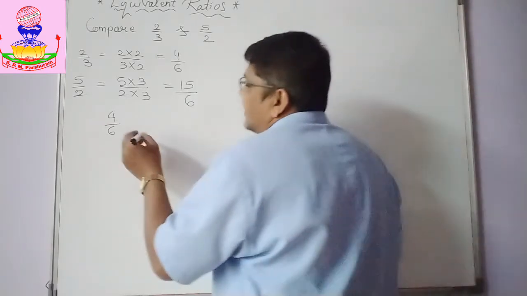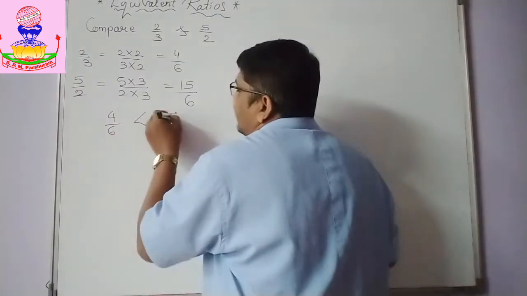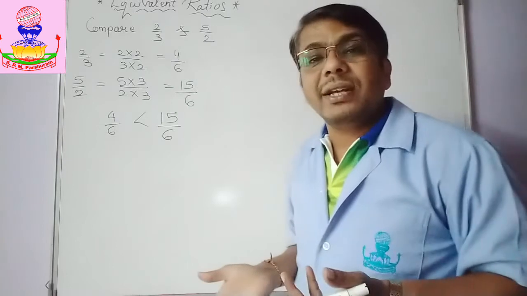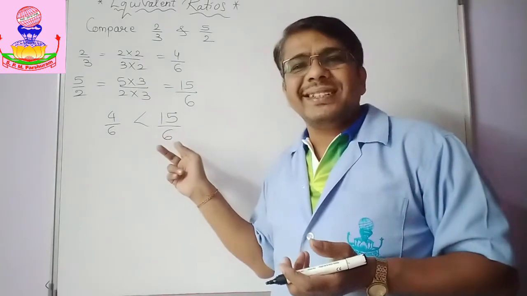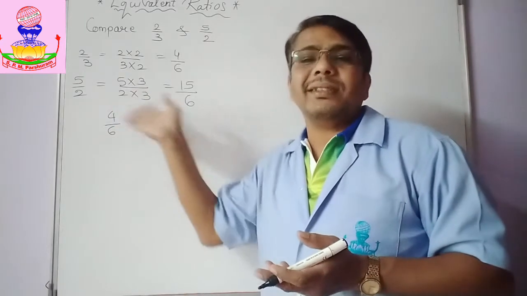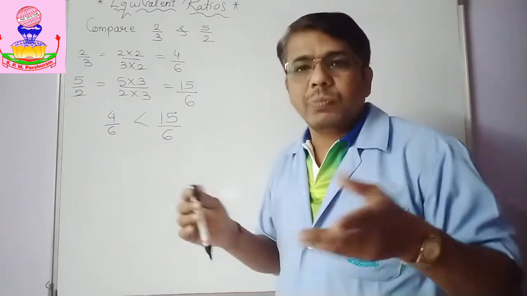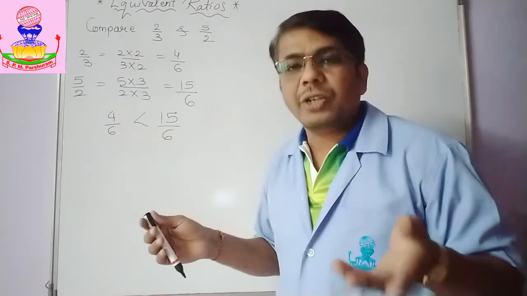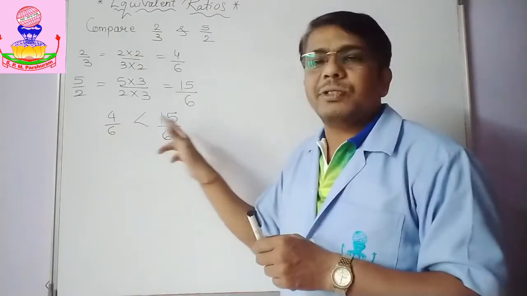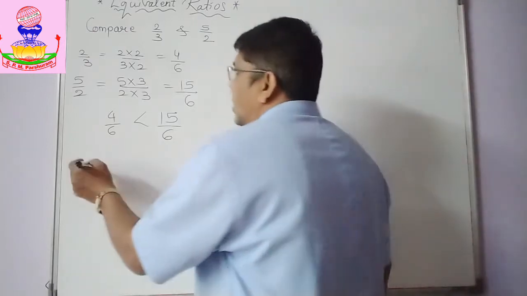Okay, so 4/6 is smaller than 15/6. Can I say that? Yes. How I can? From the numerators. When the denominators are same, I can easily judge by the numerators. Now 4 is smaller than 15. Yes or no? Yes. So what I can write? 4 upon 6 is smaller than 15 upon 6.